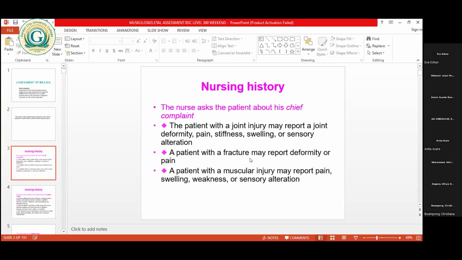The patient with a muscular injury may report pain. If you have a muscular injury, definitely there will be pain, swelling, weakness or sensory alteration. So this is the history you take when you are doing assessment.